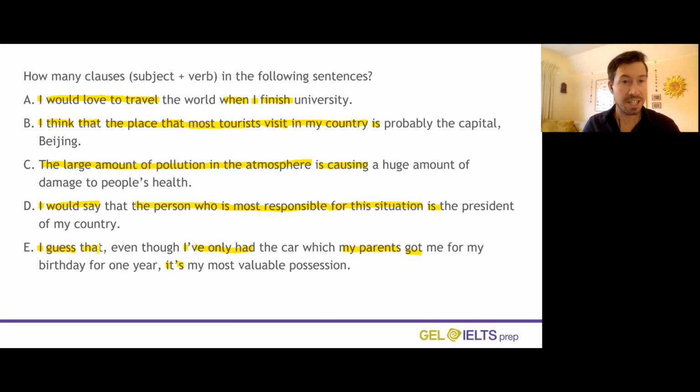We've got that is one linking word. Even though is a linking word or phrase. And we've got which is another linking word or phrase. So 3 linking words and 4 clauses in that sentence. So A, B, C, and E are all examples of complex sentences because they have 2 clauses or more joined by linking words.